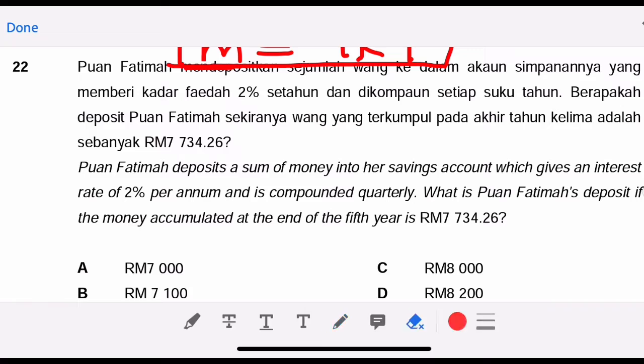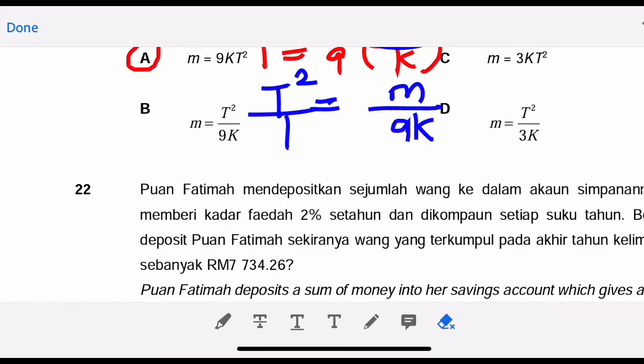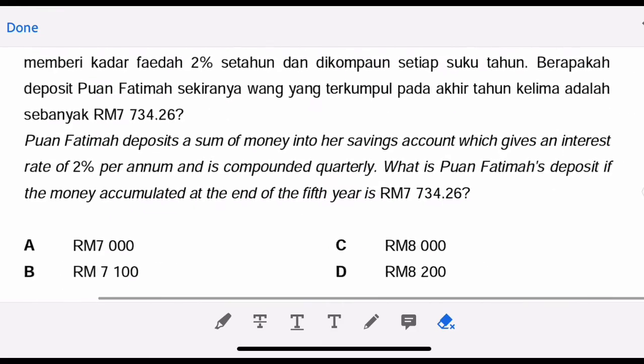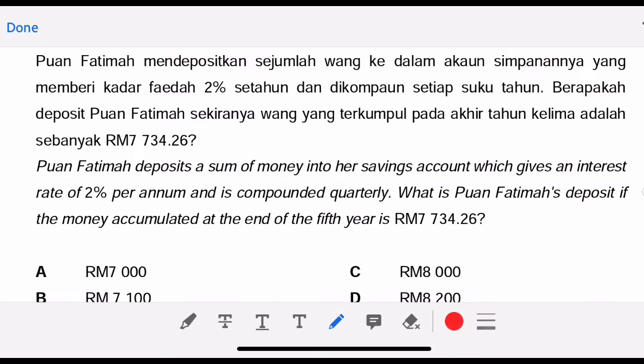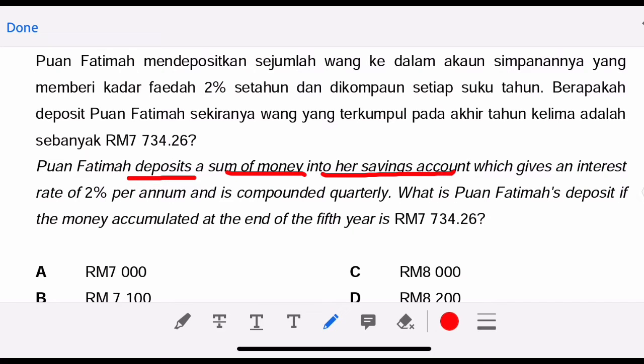Let's read the question first. Make sure we understand the question. So let's read the English one. Puan Fatima deposits a sum of money into her saving account, which gives an interest rate of 2% per annum and is compounded quarterly.